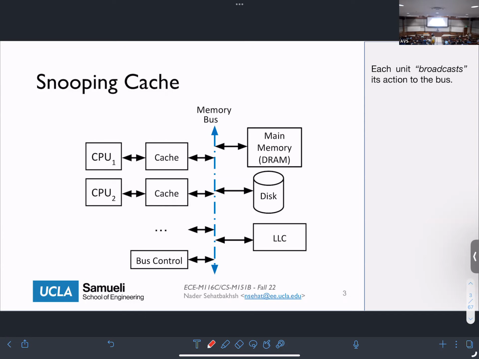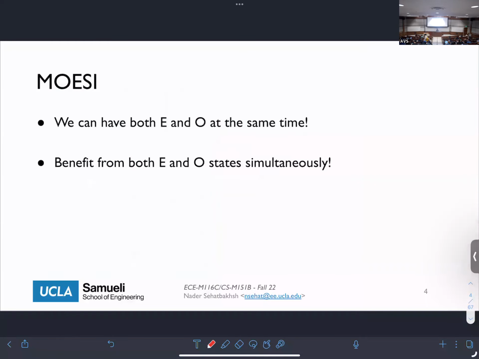We talked about a bunch of different states and techniques. The last thing we talked about was MOESI, right? M for modified, O for owner, E for exclusive, S for shared, and I for invalid.